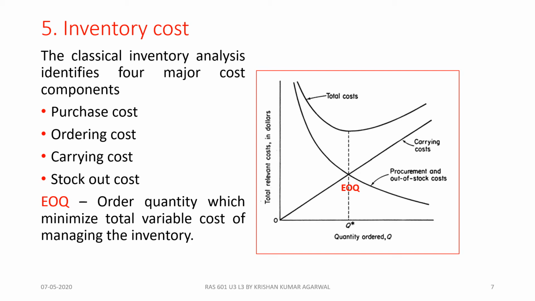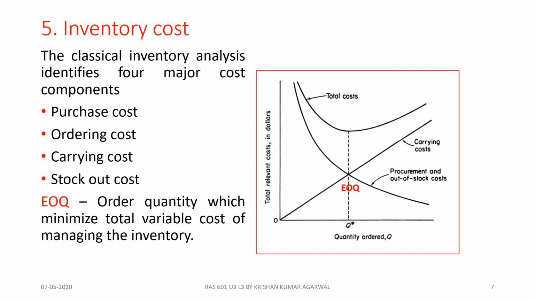Procurement cost is nothing but the costs associated with the placement of order for the acquisition of inventory. The expenses incurred in the purchase department, the salary of purchase department, postage bills, telephone bills, stationery, and follow-up measures also come under the category of ordering cost.